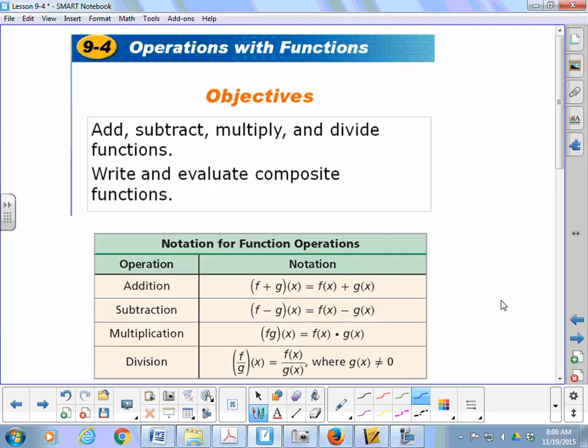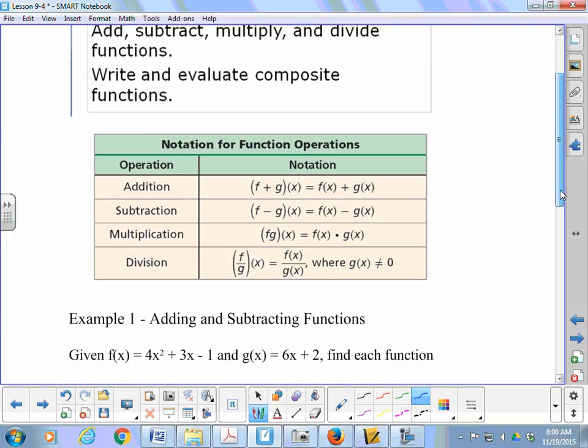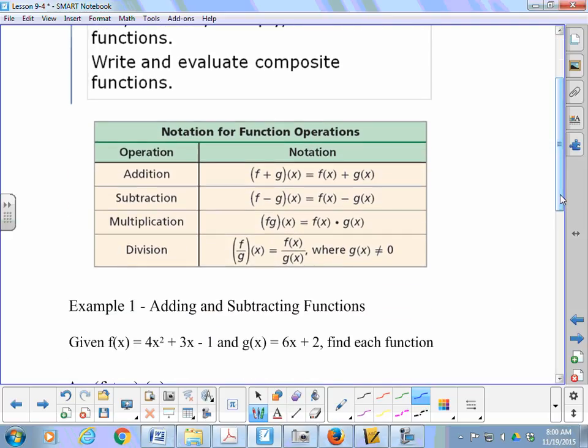So, all right, first of all, here's our notation we're going to be using for adding, subtracting, multiplying, and dividing functions. We have 2 functions, or you could have 3 or more, but they're written like f of x and g of x, and so we're going to look at f plus g of x. All we're doing is adding those functions.